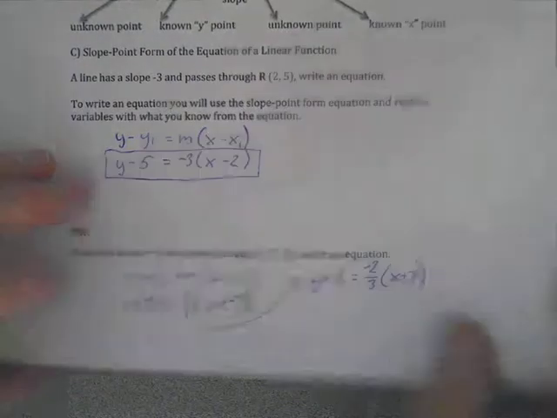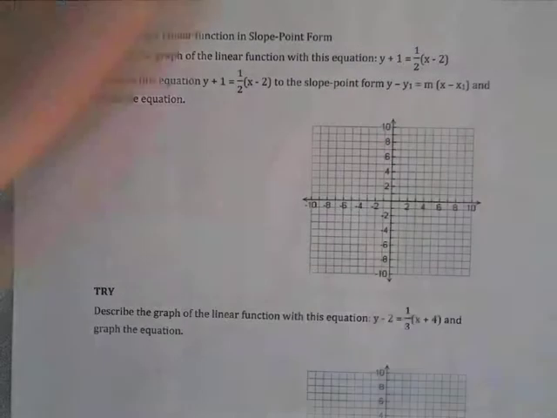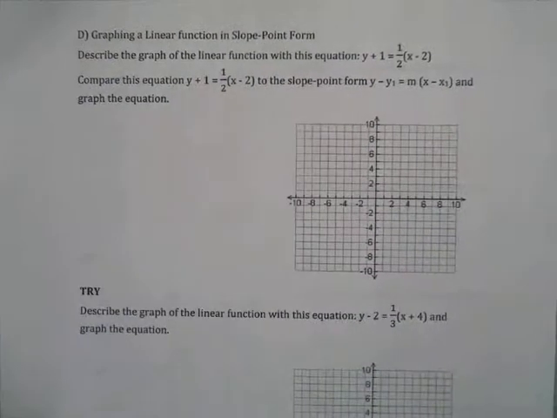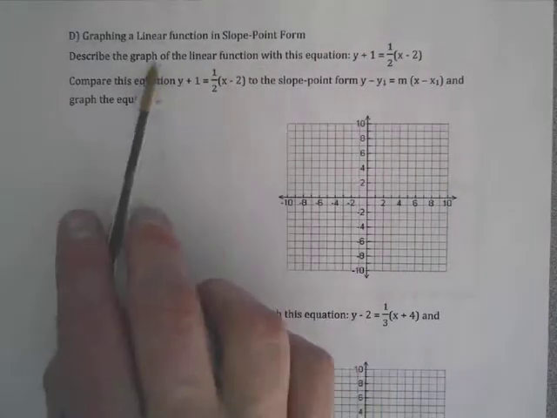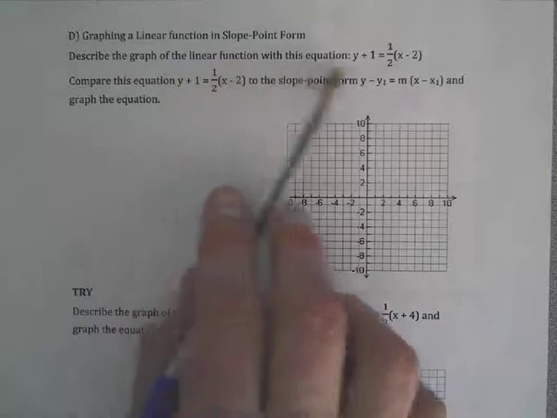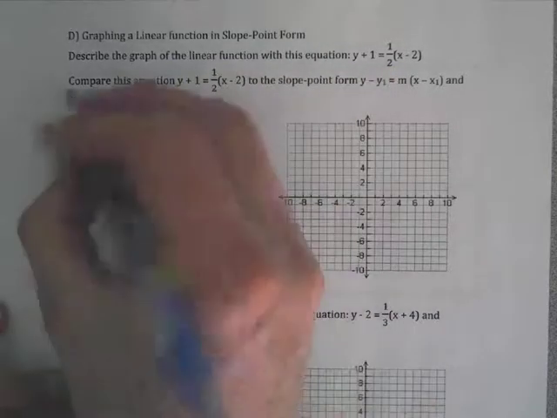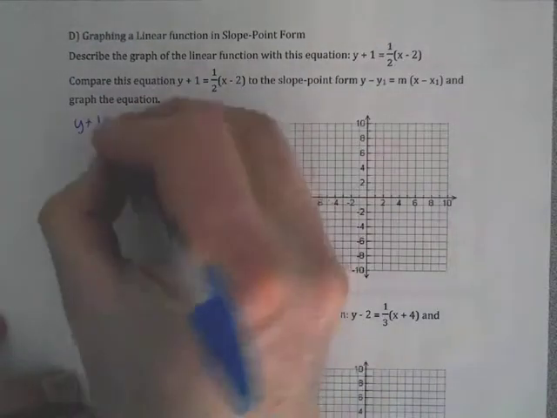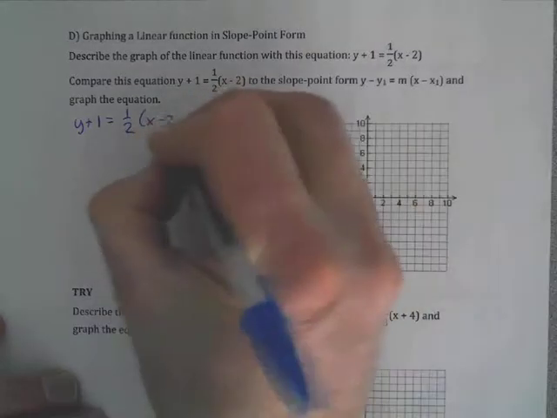Next. We're now going to take a look at graphing the linear equation in slope-point form. So here we go. It says describe this linear function with the equation, and then we have to graph it here. So I have y plus 1 is equal to 1/2 times x minus 2.